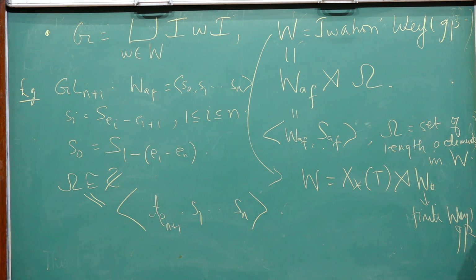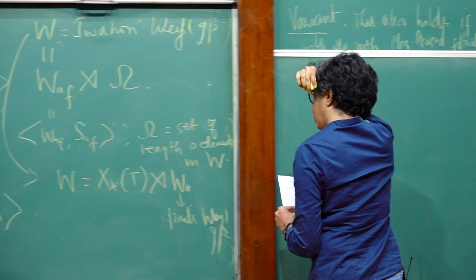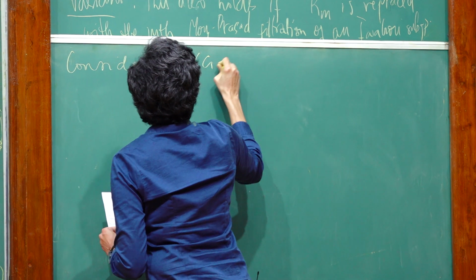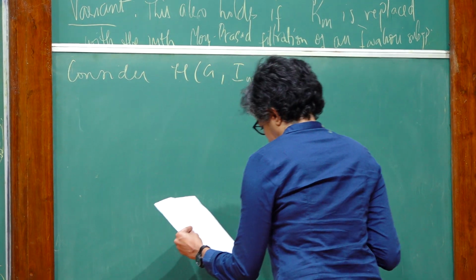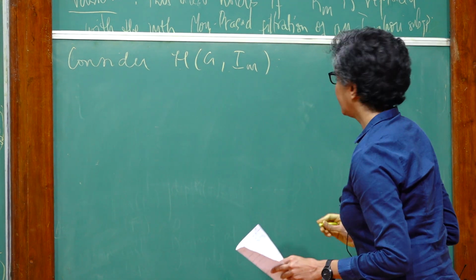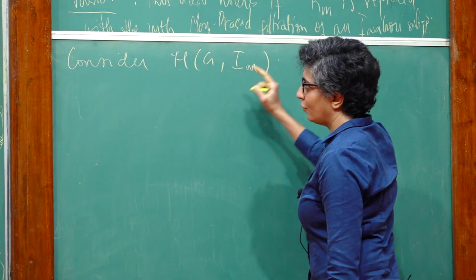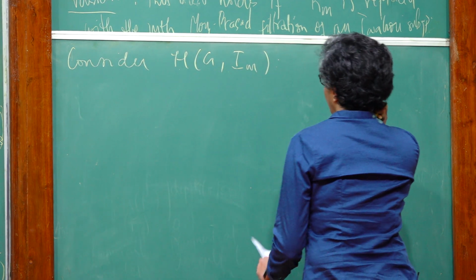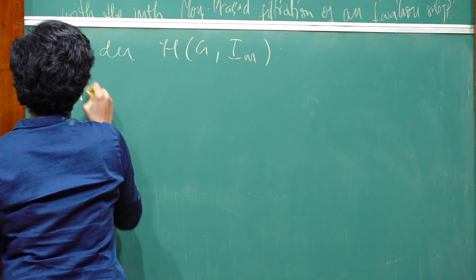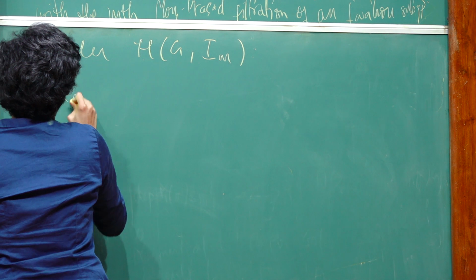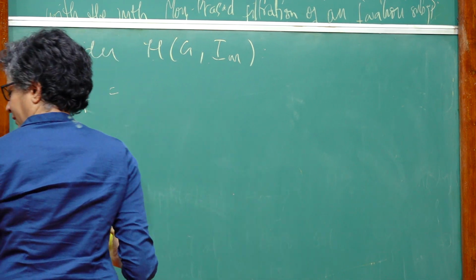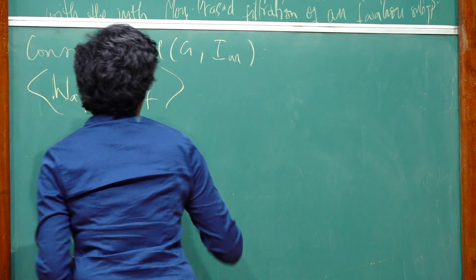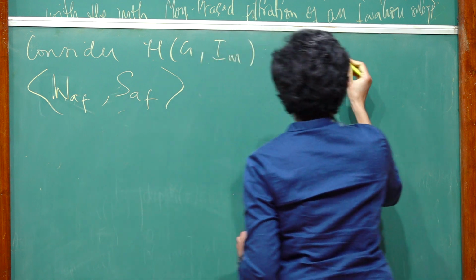Okay, and so Roger Howe considered this Hecke algebra. Consider H of G, Im. So recall that I have already chosen a pinning X alpha, alpha in delta. So then you have your W affine. So W affine is generated by these reflections. W affine, S affine is a Coxeter group, and S affine has some finite simple reflections.